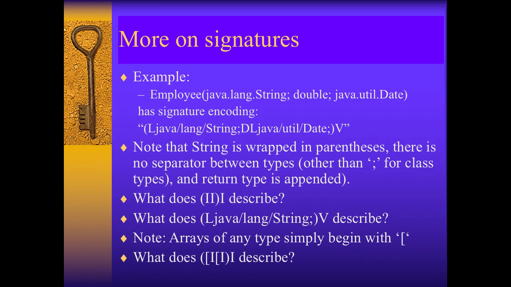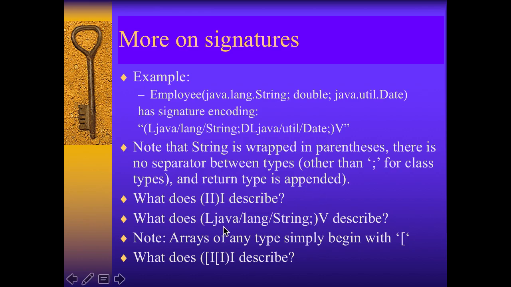So here's a java.util.Date, and that's an instance of a class which is being passed in to some employee. And as it happens, you may need that for some reason to timestamp the employee record when it's created.